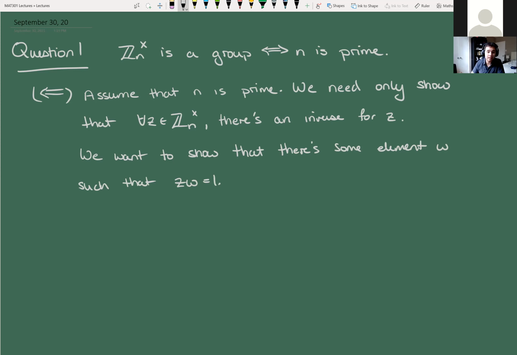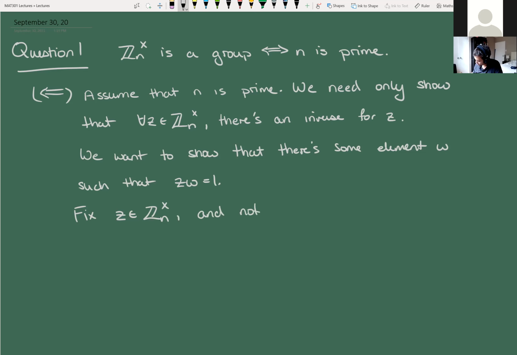That's what it means to be an inverse. So why is n being prime going to be important? Well, what I'm going to do is suppose that W is any element of Zn star and say, well, because n is prime, the GCD of Z and W is 1, right? So fix Z in Zn star.